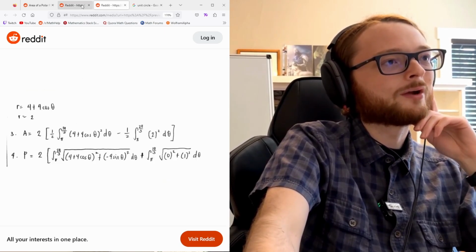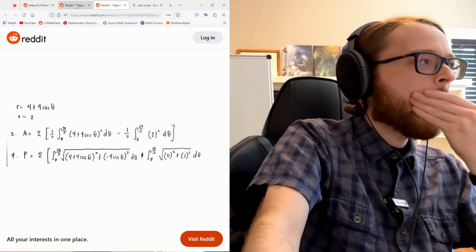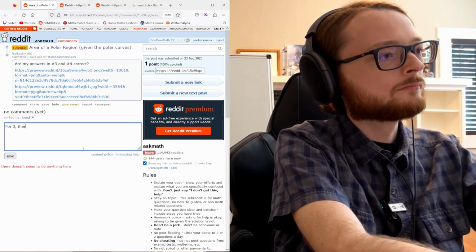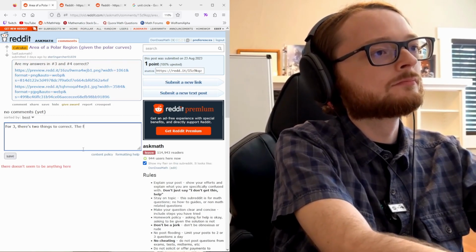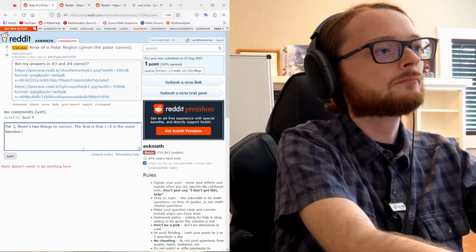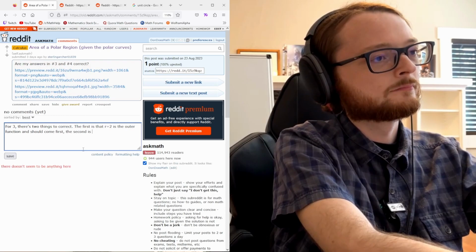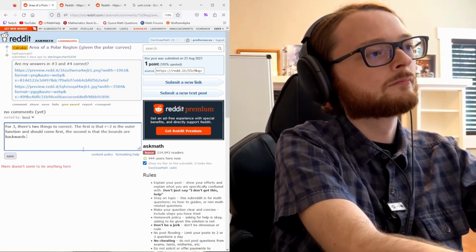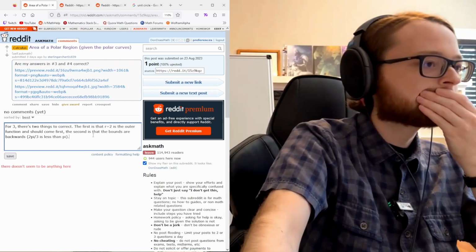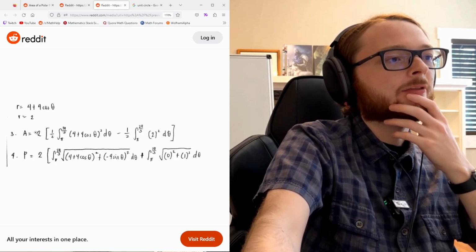And the 4 plus 4 cosine theta squared is the inner and should come second. 2 pi over 3 is less than pi. Other than that, I think they're good for number 3.